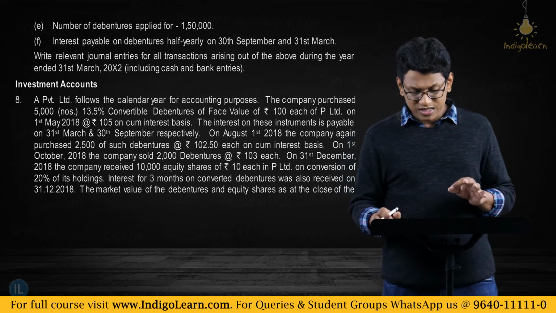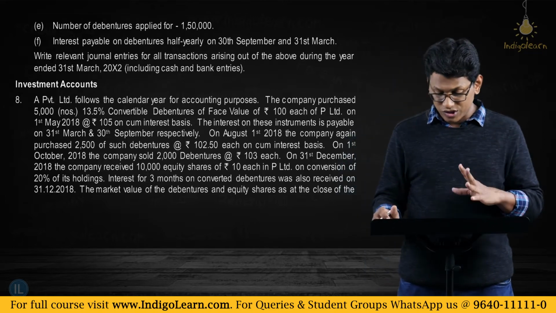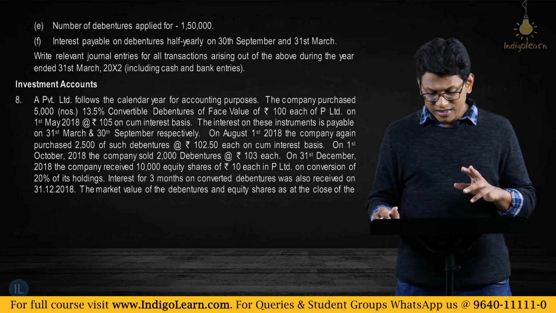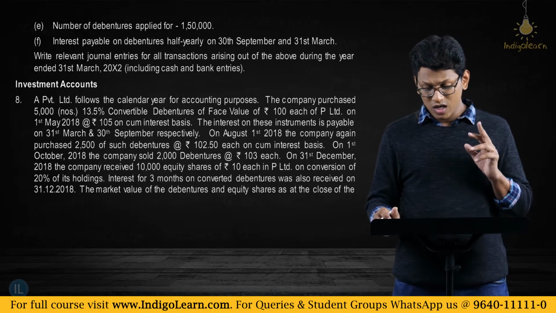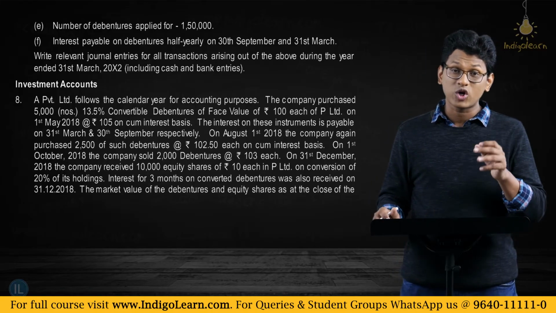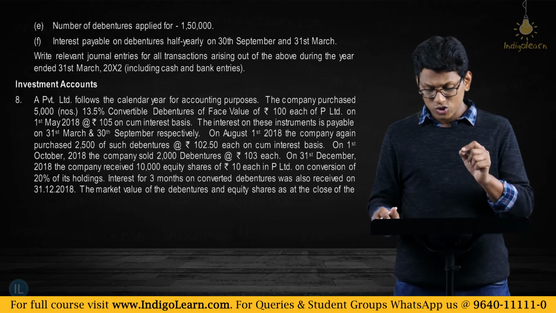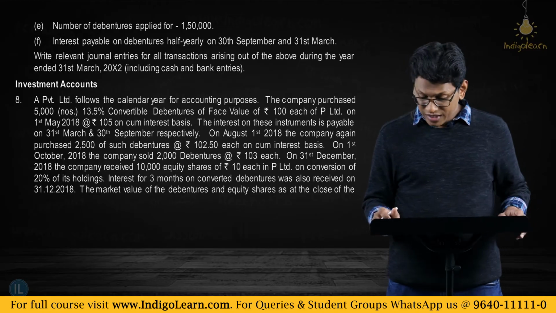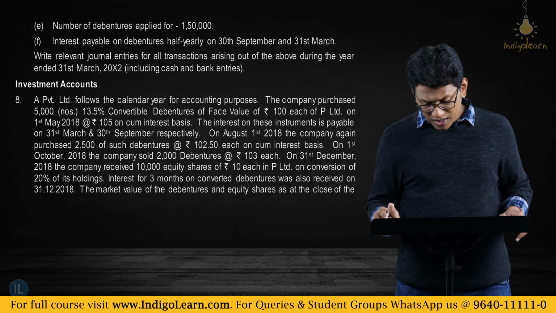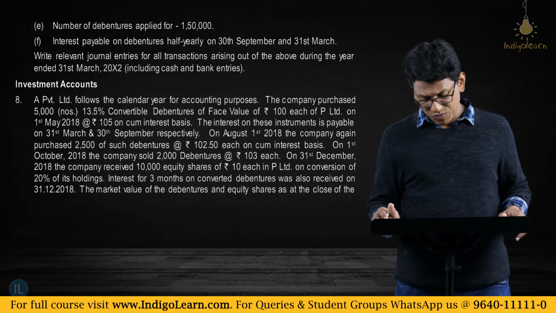So, this company purchased 5,000 debentures, 13.5% debentures, face value 100. These debentures are purchased on 1st of May and these are purchased at 105 per debenture, which is on a cum interest basis. Interest on these instruments is payable on 31st March and 30th September respectively.